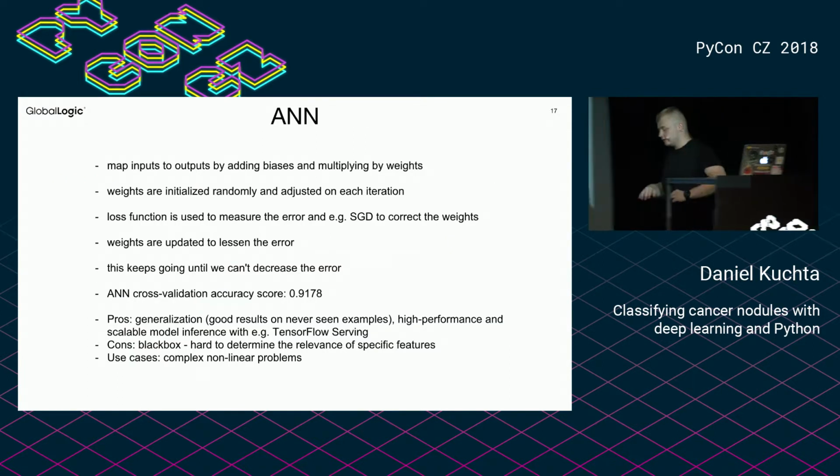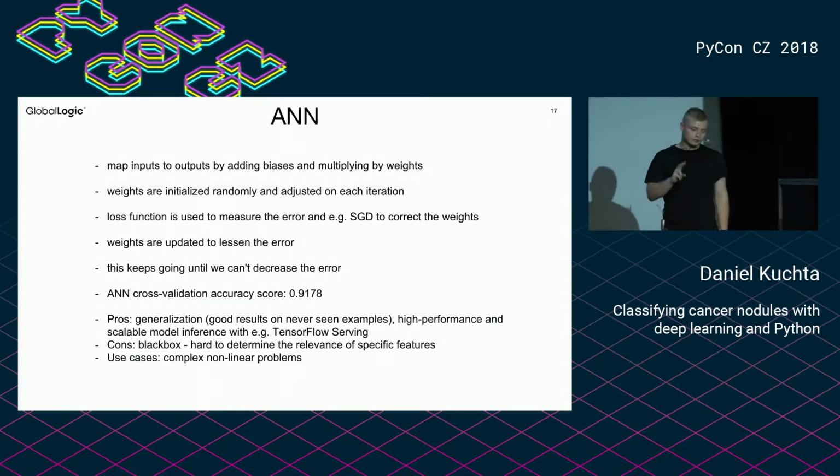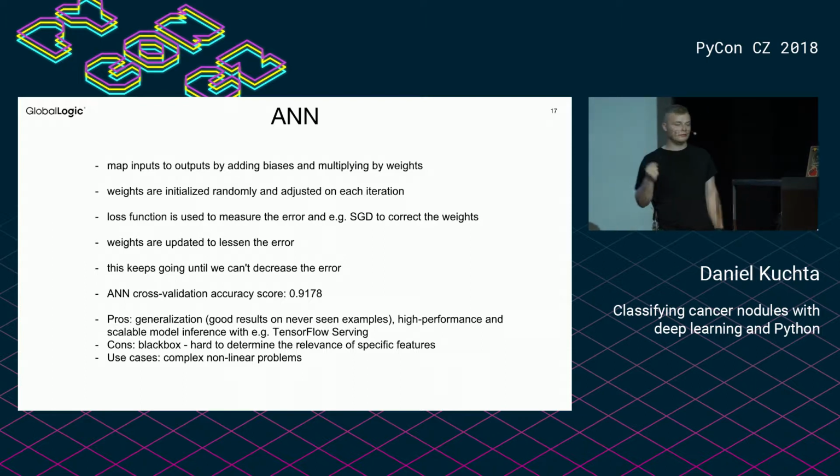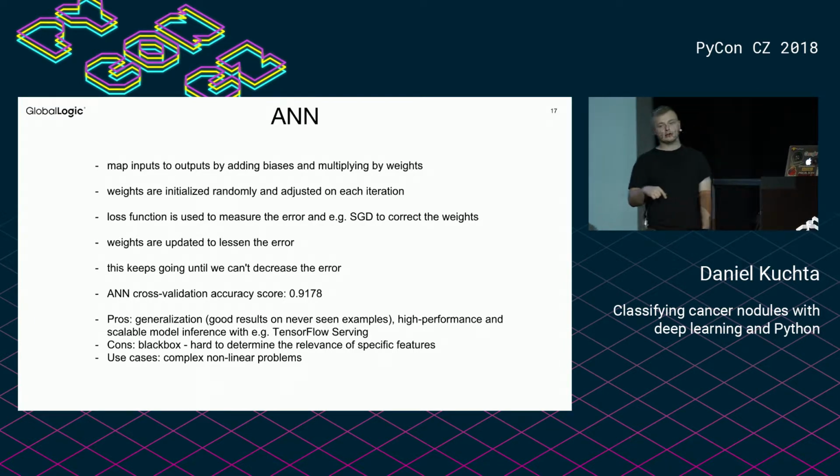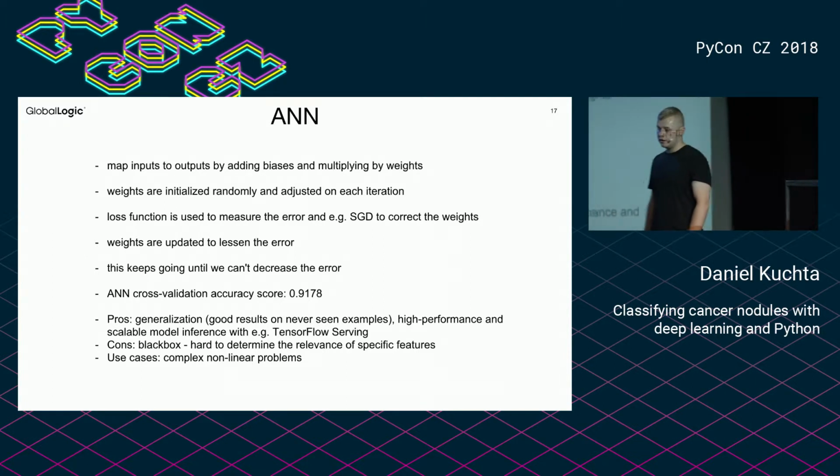So we had these four solutions because we actually had two different results from TPOT. And this is the fifth one. It's actually our best one. It's a classic feed-forward neural network.